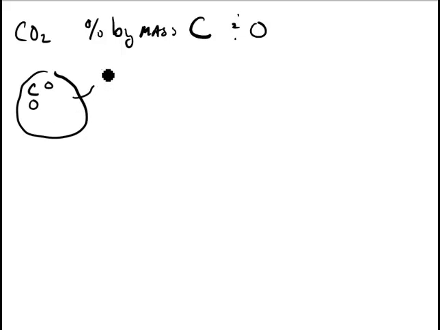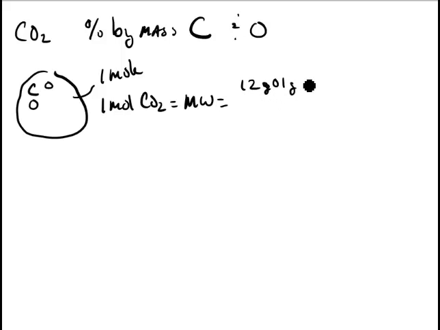So the easy one to take here is, let's just say we have 1 mole. And 1 mole is easy because if we have 1 mole of CO2, we know that the molecular weight is going to be 12.01 grams of carbon plus 16.00 grams plus 16.00 grams of oxygen.